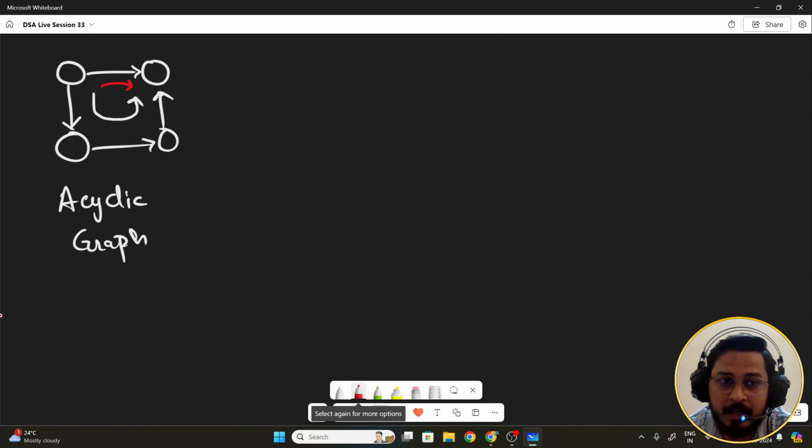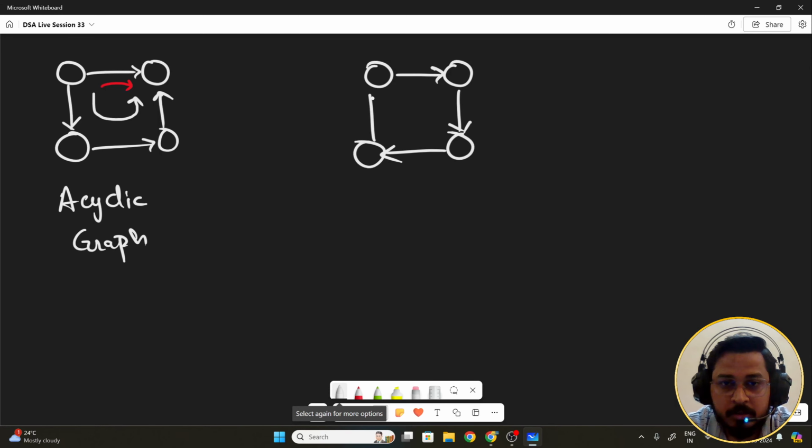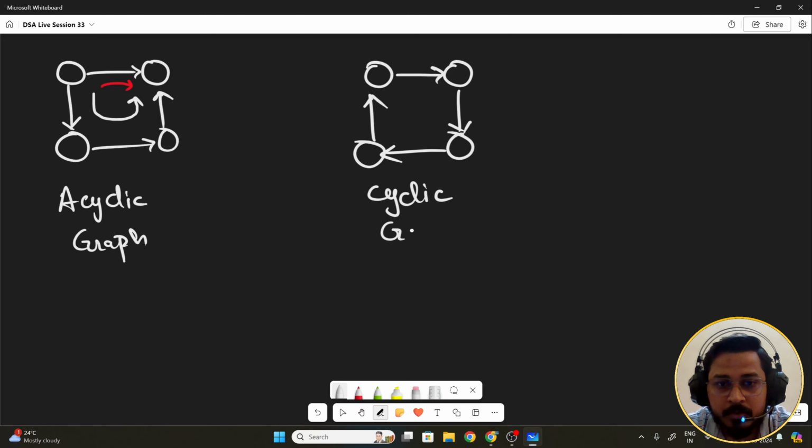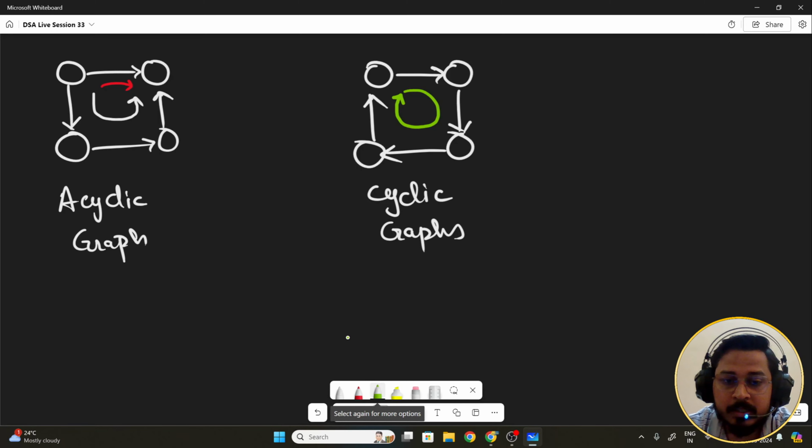On the other hand, this type of graph is straightforwardly called a cyclic graph, because we can start from here and reach back like this. That's the difference.